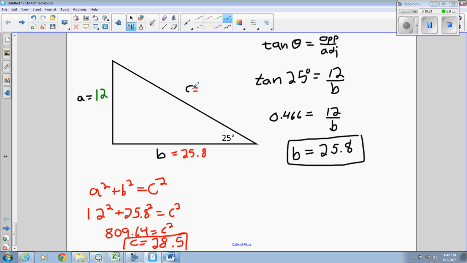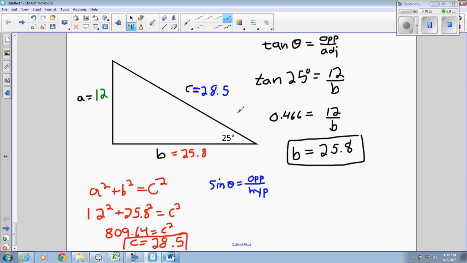So this is equal to, let's make this blue, 28.5. Another way we could have found C is that we know what our opposite side is, and another tool we have is that the sine of theta is equal to our opposite over hypotenuse.